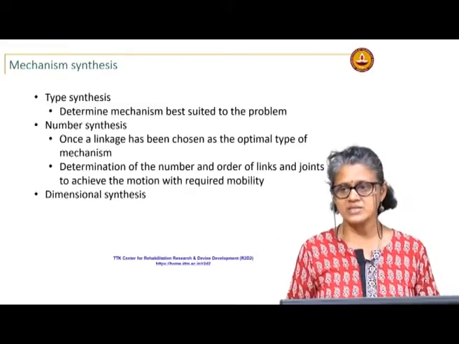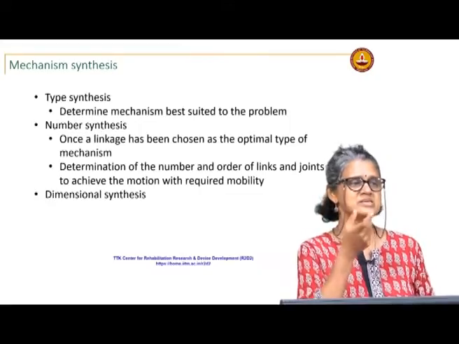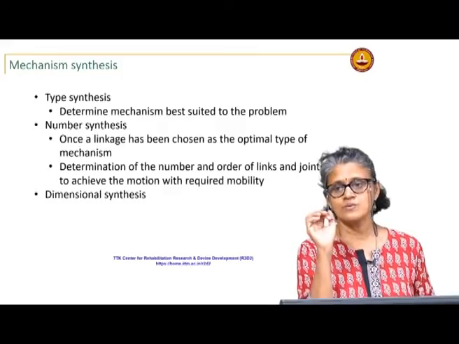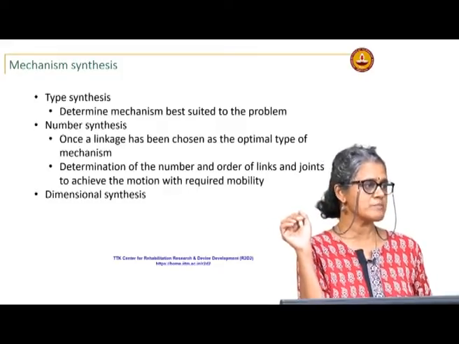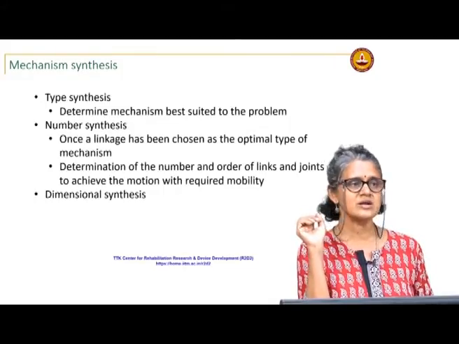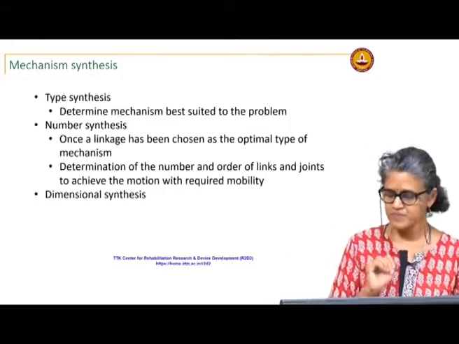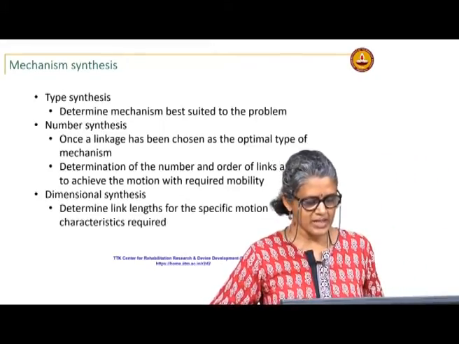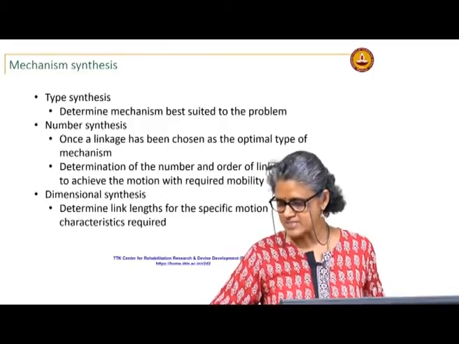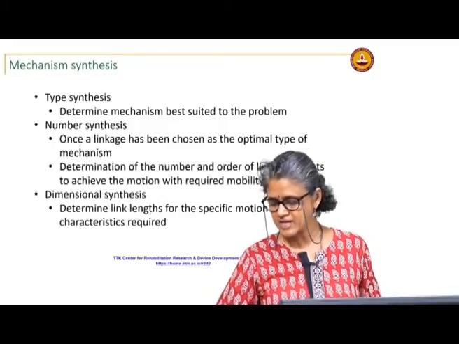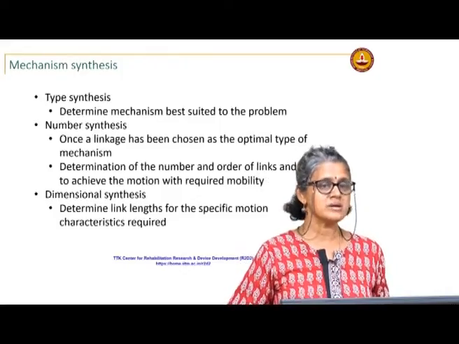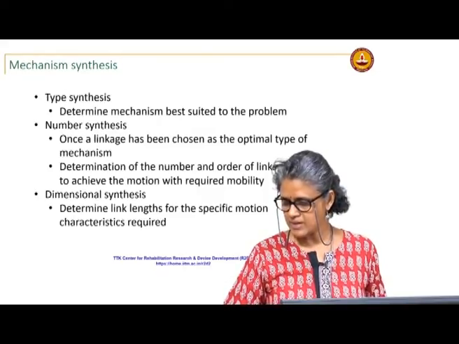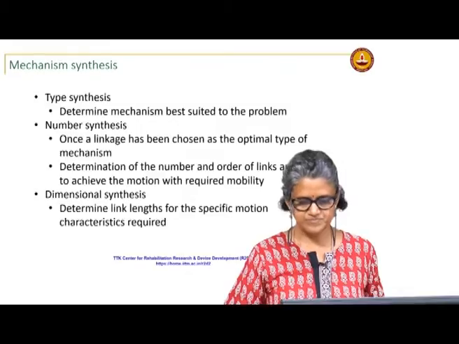Now, what you want is to determine the dimensions of the links in order to solve your particular problem, in order to achieve the particular task that you are looking at. So, that is dimensional synthesis. So, you have specific motion characteristics, that is what you are designing for, and you want to determine what should be the link lengths for that particular linkage that you are going to design.